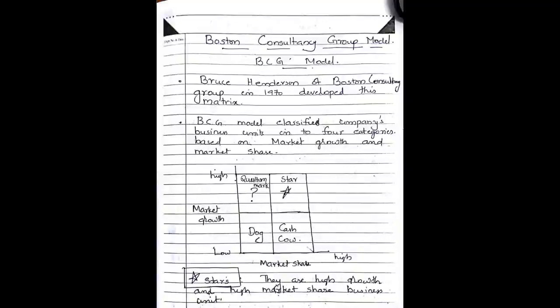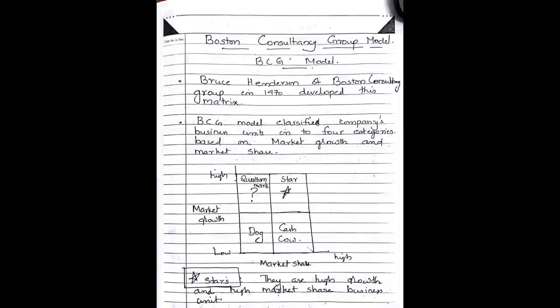That means market share is minimum and market growth is also minimum. The company need not advertise the product because it is known to the market, but people are not interested in it. That is a dog product. At that time, the company has to take a decision whether to stop or to continue. In most cases, the company will decide to stop the product because there is no demand and very little growth for that product.